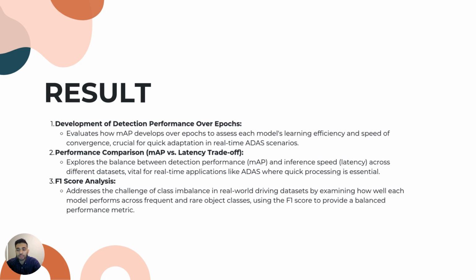This was to assess the balance between accuracy and speed, which is essential for ensuring timely responses in ADAS. And finally, we have the F1 score, which measures how well models handle class imbalances, which is vital for detecting both common and critical objects in diverse driving scenarios.